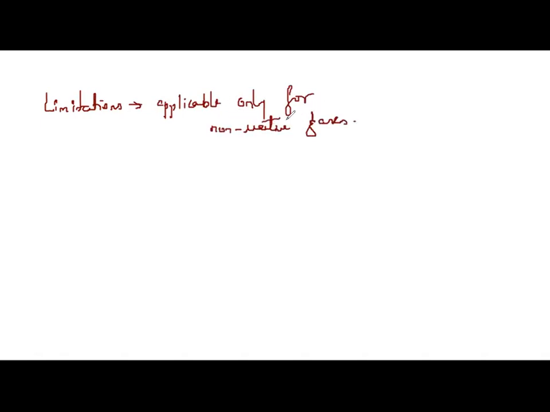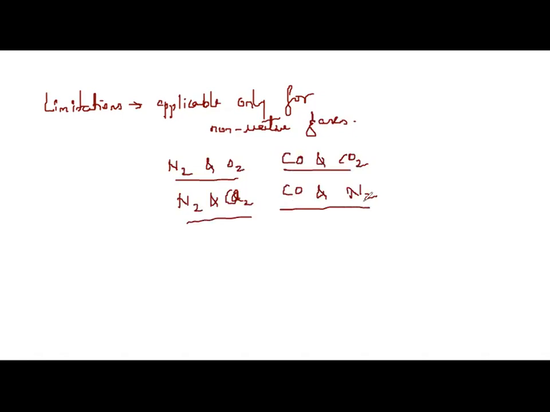The gases should not react with each other. For example, N2 and O2 you can use, CO and CO2 you can use, N2 and Cl2 you can use, CO and N2 you can use. These are non-reactive pairs of gases. You can use these.